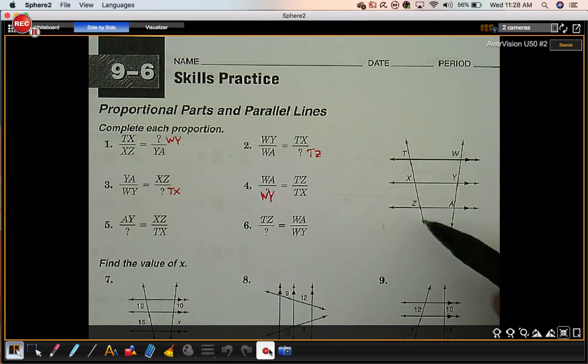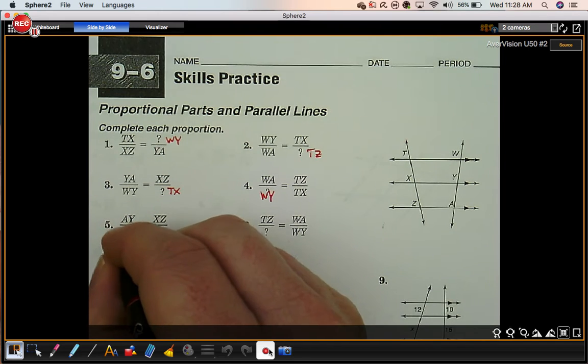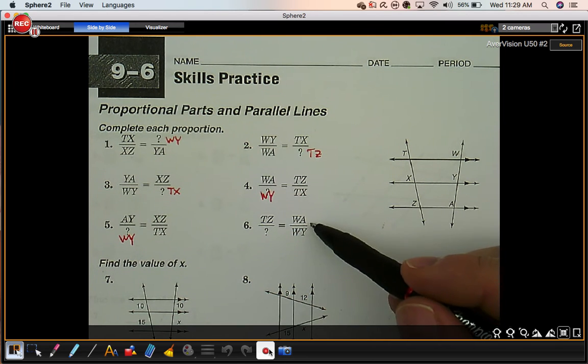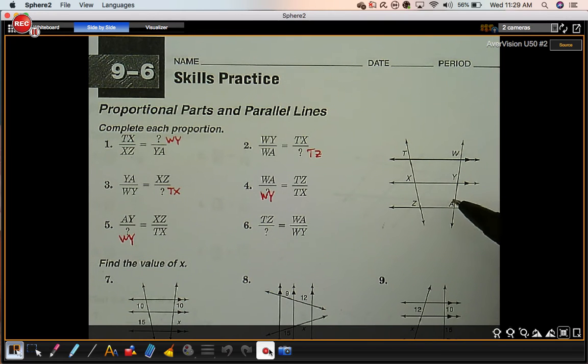Number 5. Segment XZ compared to segment TX is the same thing as segment YA compared to segment WY. Last one for this section, segment WA compared to segment WY is the same thing as segment TZ compared with segment TX.